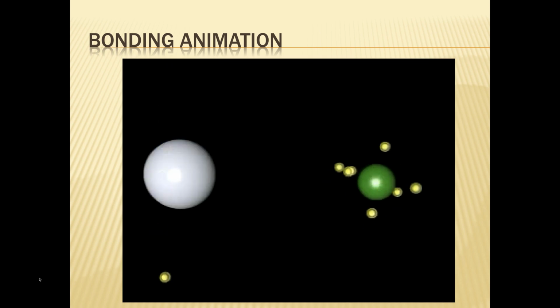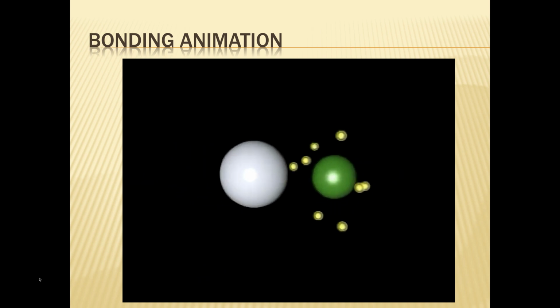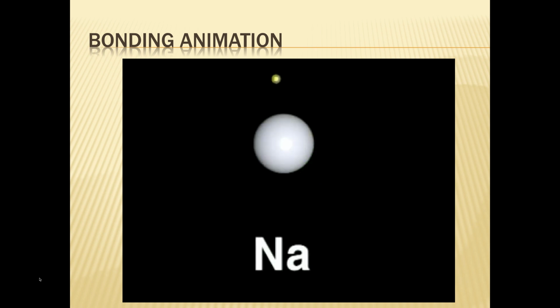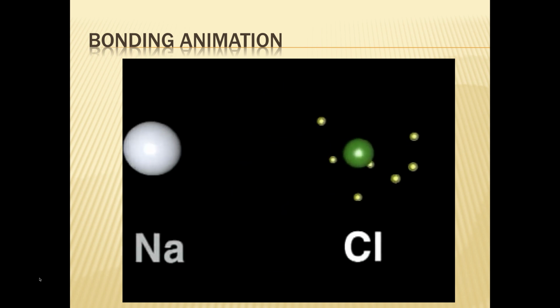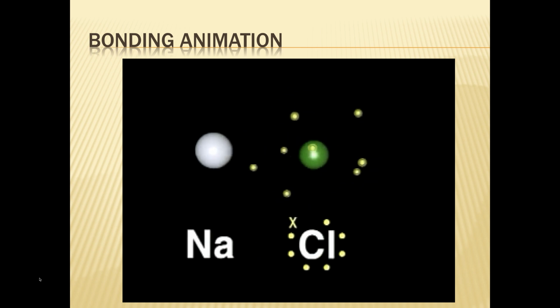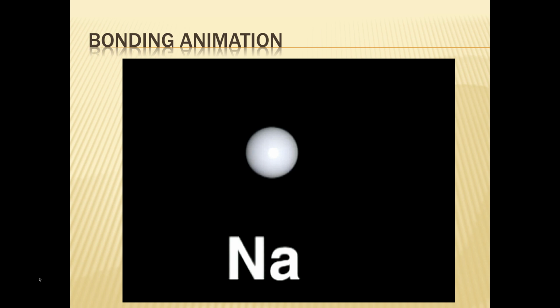Here's an animation of how atoms bond together. So what happens is we have on the left side a sodium atom and we have a chlorine atom. You'll notice that the sodium has one valence electron, and when it's done forming an ion, it has 8. The chlorine has 7 valence electrons, but once it has gained the one from the sodium, then the chlorine will have a stable octet.